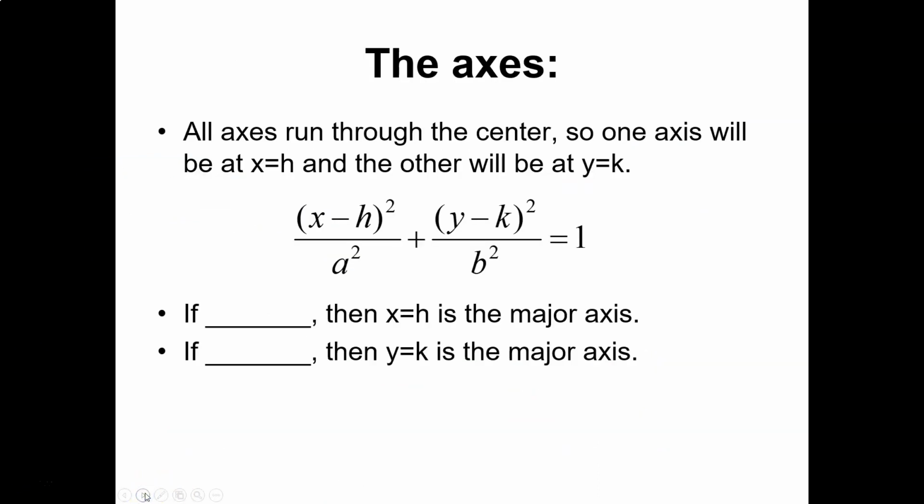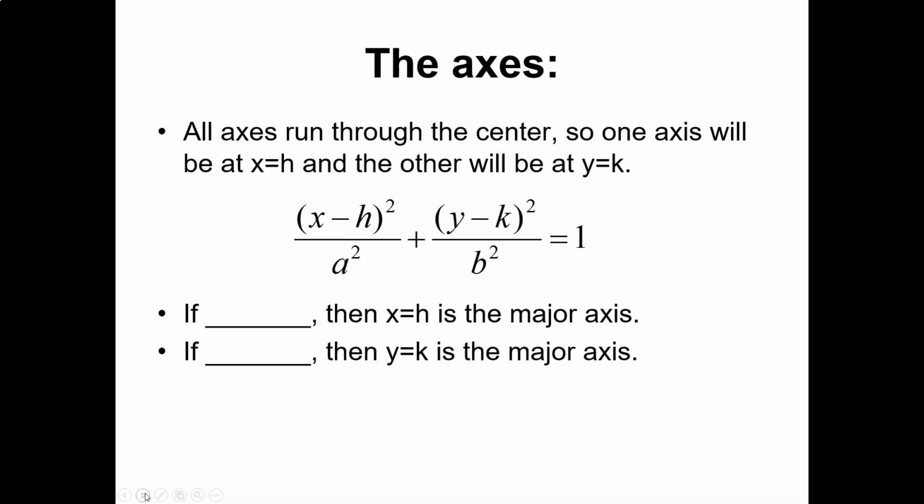All right, so major axis and minor axis are, in my opinion, about the easiest two things that we have, but they are highly missed because they're a little bit confusing.